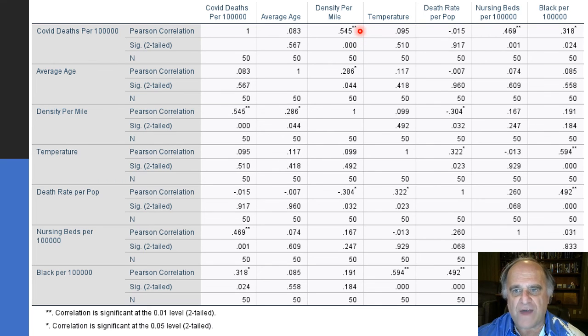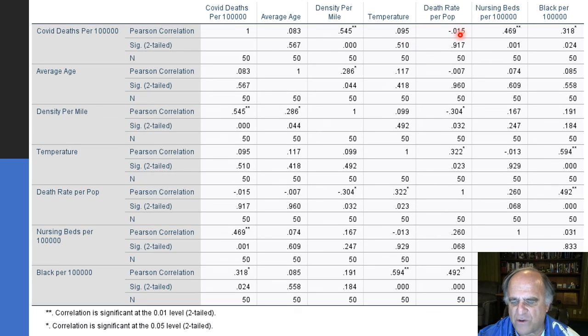So density per mile is a pretty good predictor of COVID deaths per 100,000. We'll be using it later on. Temperature, and this again is the average temperature in the state, 0.095, probability level 0.510. So at least we can't say that it's a significant predictor at this point.